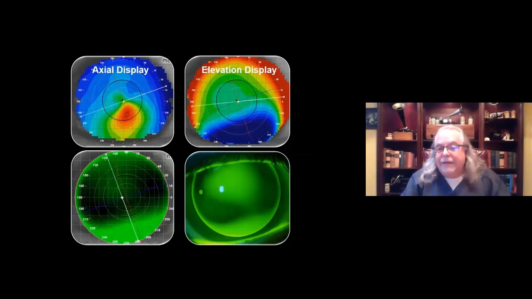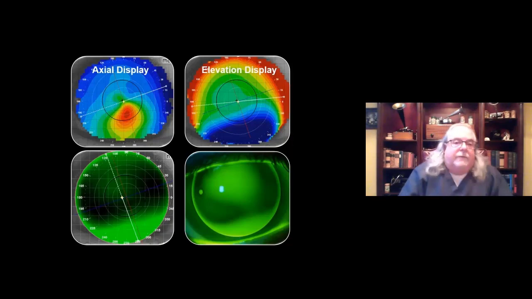And you can see it in the fluorescein pattern starting at about 5 o'clock, moving up, and around 12 o'clock, coming down to about 7 o'clock. So we could see here very, very clearly that we're going to have a stable contact lens by virtue of that large peripheral landing area.